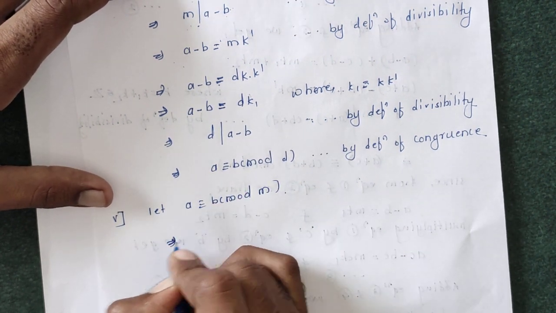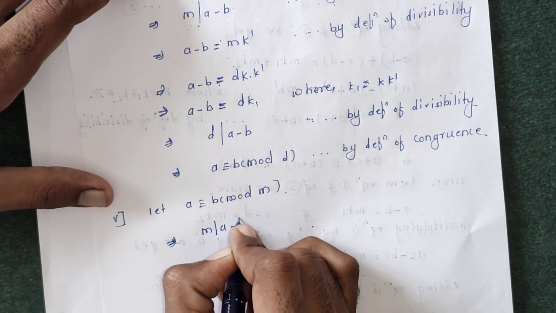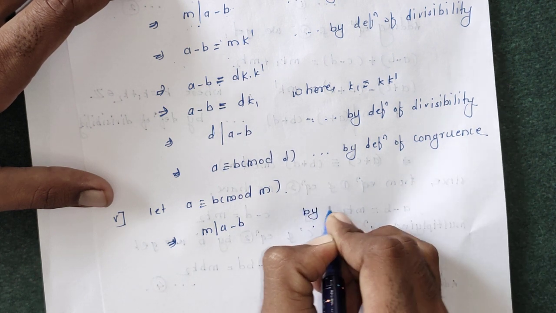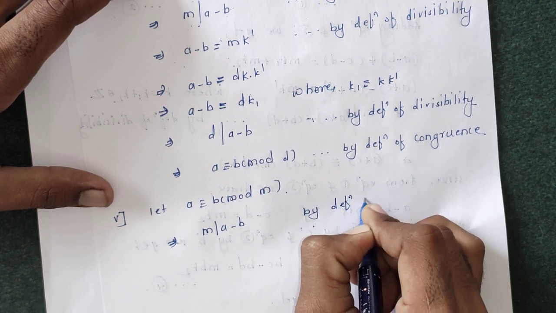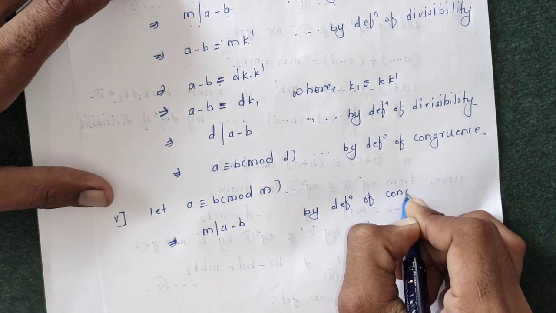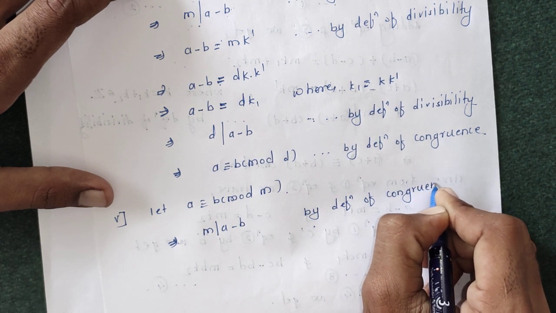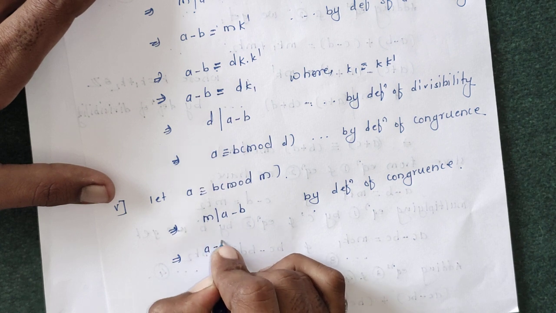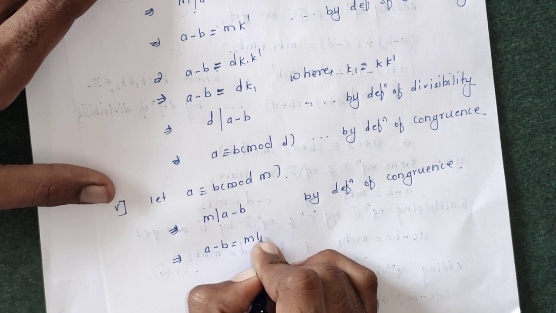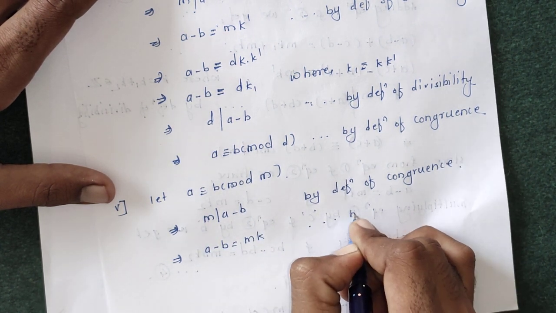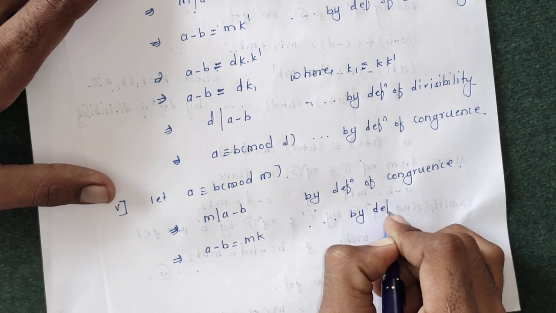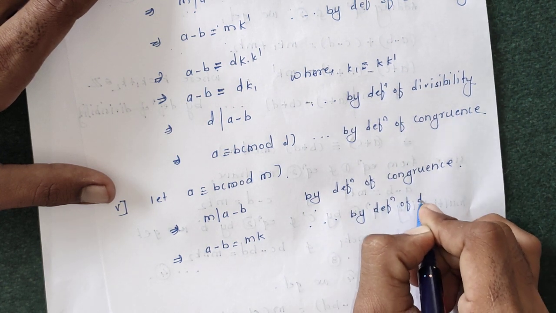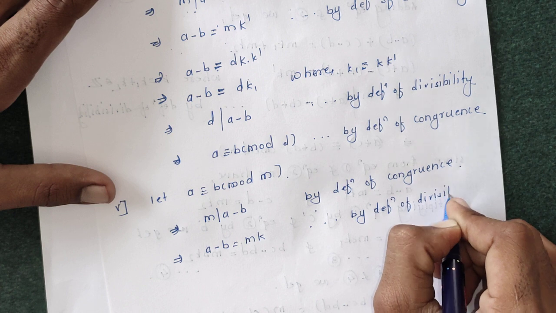So we can write m divides a minus b by definition of congruence. This gives us a minus b equals m times k by definition of divisibility.